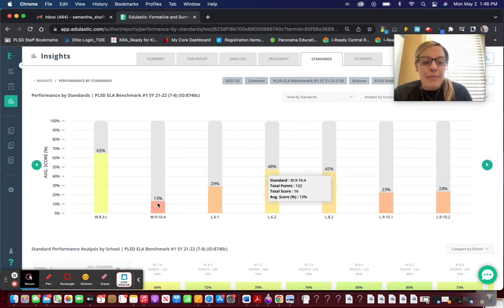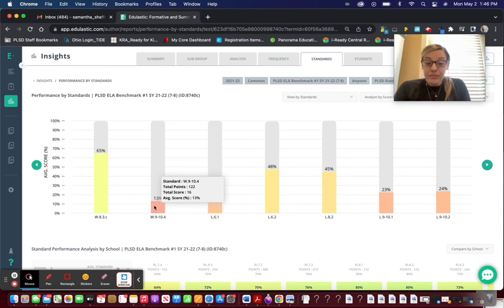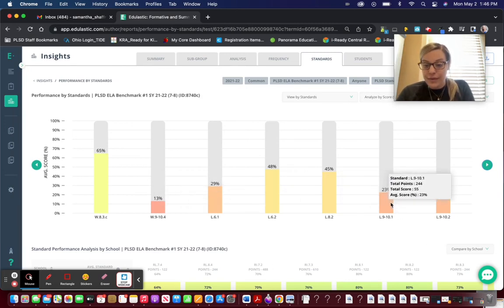So I think anything below a 25%, you should probably take a look at for improvement of the item. You can do it in a group, you can do it by yourself, but we can take a look at this item and decide, okay, is this a difficulty thing, or is it the way the question's written, or is this something they haven't been exposed to yet? Okay, and then we have a language standard here and here.